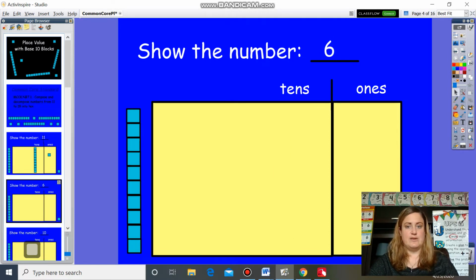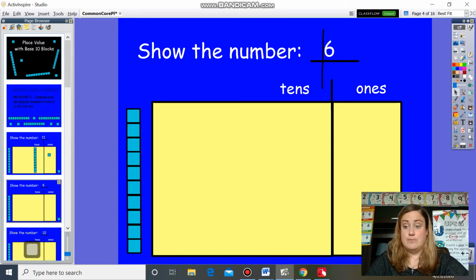All right, let's try another one. Here's the number 6. This is a 1-digit number. If I draw a line here, you would see there's a 6 in the ones place, and there's nothing here in the tens place.